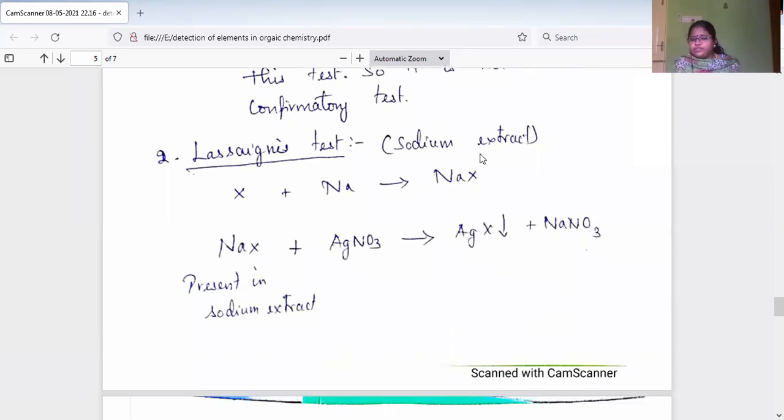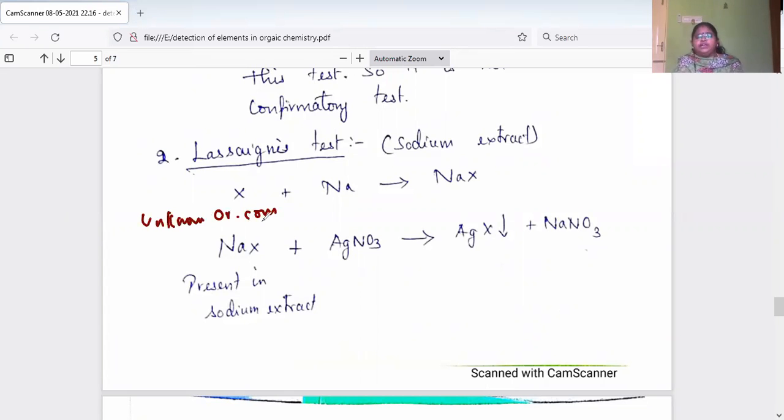We use the sodium extract again. The X means a halogen, any halogen; it can be chlorine, bromine, or iodine from the organic sample, or from the sodium extract. Here this is the sodium extract, but over here is the unknown organic compound, and we don't know what it is.